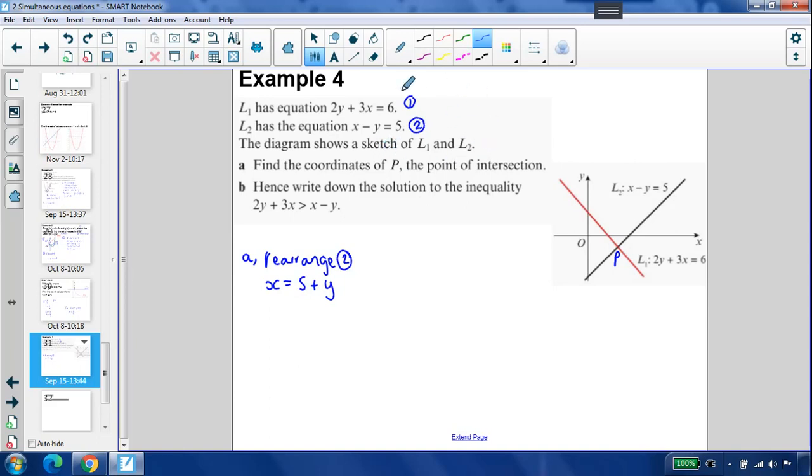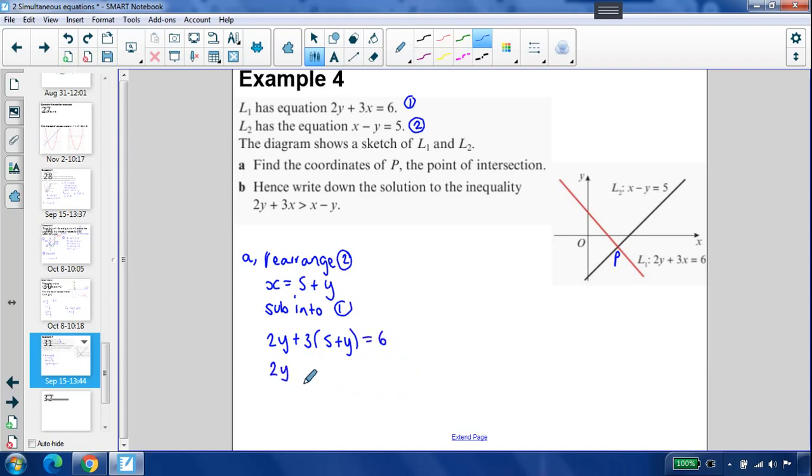You could have done an elimination because they are both linear. So let's now sub into equation 1. So wherever I see an x, I'm putting 5 plus y. So 2y plus 3 multiplied by 5 plus y is equal to 6.